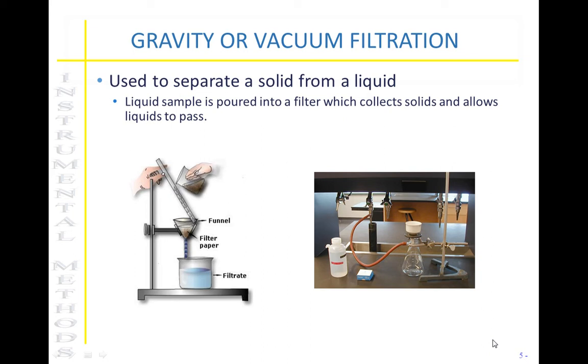So when we use this in a laboratory setting, that liquid sample is poured into a container that has a filter, which is going to collect the solids and allow any liquids to pass. In some instances, the apparatus may also be hooked up to a vacuum, which can cause the filtration process to occur more quickly.